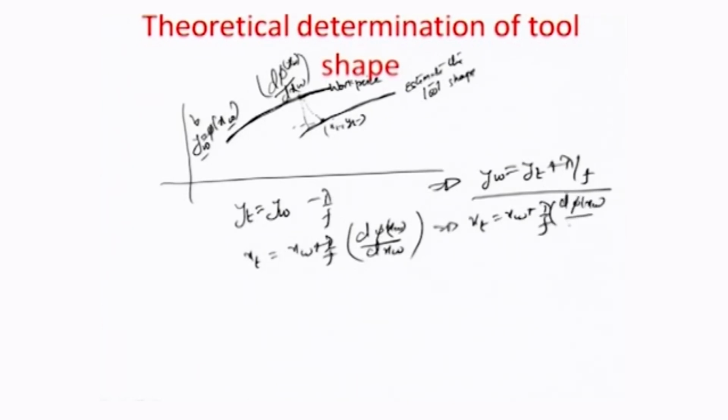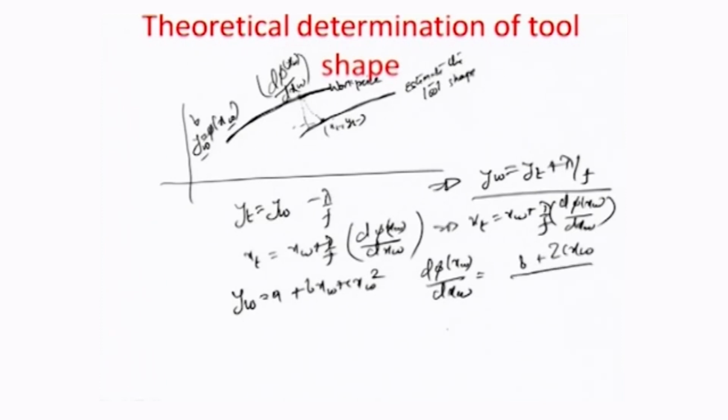So as we have already seen for the 2D case, if supposing yw was related by an equation a plus b xw plus c xw square, in that event the slope d phi xw by dxw would be b plus twice c xw, and simultaneously the final equation which would emerge would be y equal to a plus b xt plus c xt square, and these are all tool coordinates.